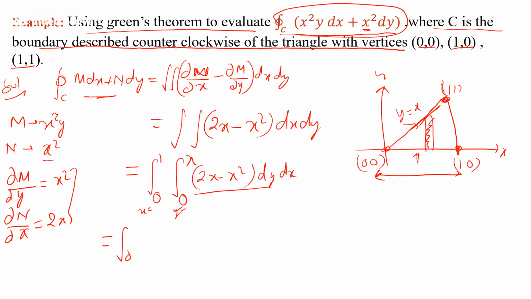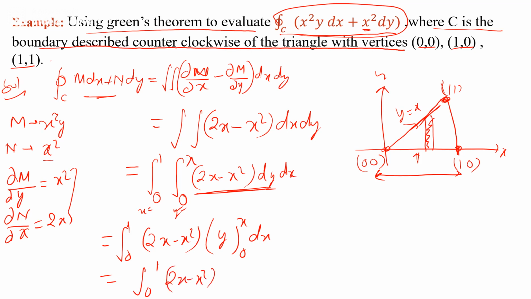On taking the integration first with respect to y, then x, we get 2x y from 0 to x dx. Now 0 to 1, 2x minus x square times x dx, then 0 to 1, 2x square minus x cube dx.